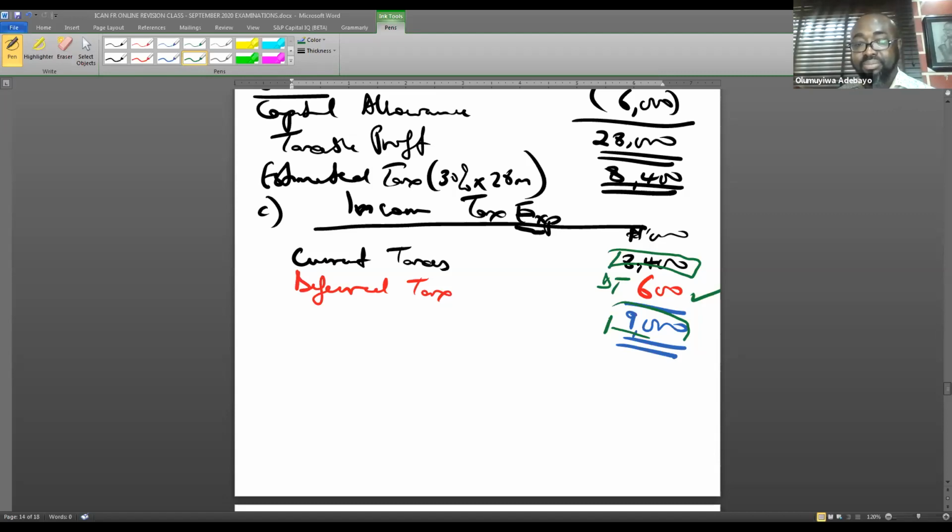Are you getting what I'm saying now? If I've just decided to recognize 8.4 from the government perspective, I won't be reflecting in my financial position and financial performance the actual amount of tax, which is 9 million. But by way of accounting measure, I'll now have to make an accrual adjustment by recognizing deferred tax. And what does deferred tax stand for?